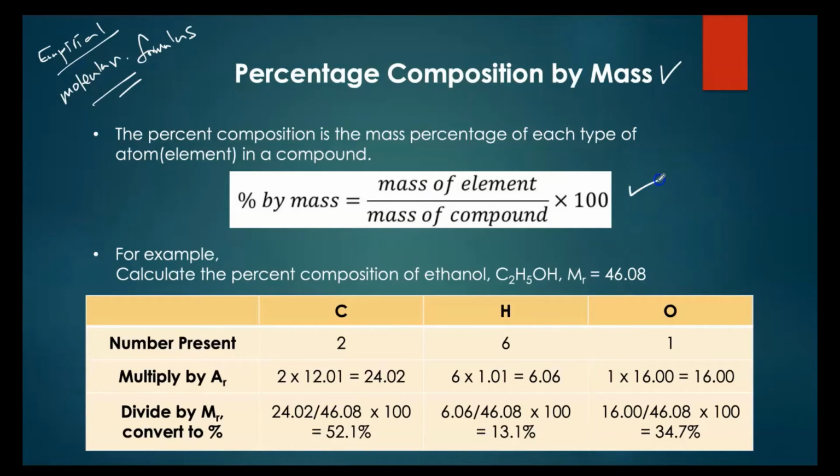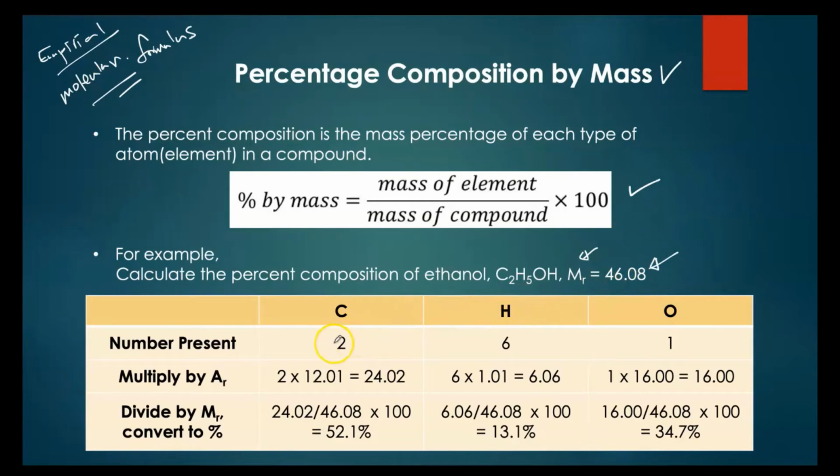And this is the formula that you can use to calculate the percentage composition. So for example, if we like to calculate the percentage composition of the ethanol, C2H5OH, its MR, relative molecular mass of the ethanol is 46.08 is given, right?